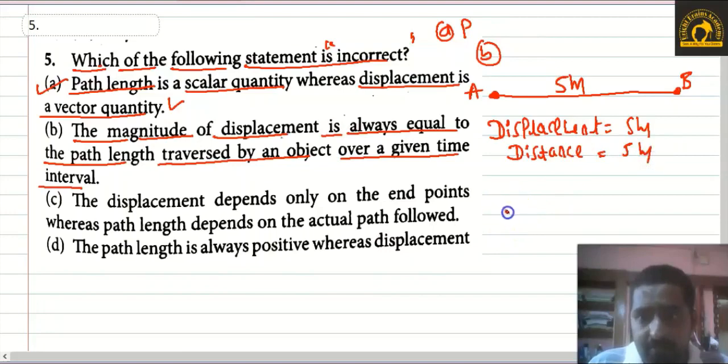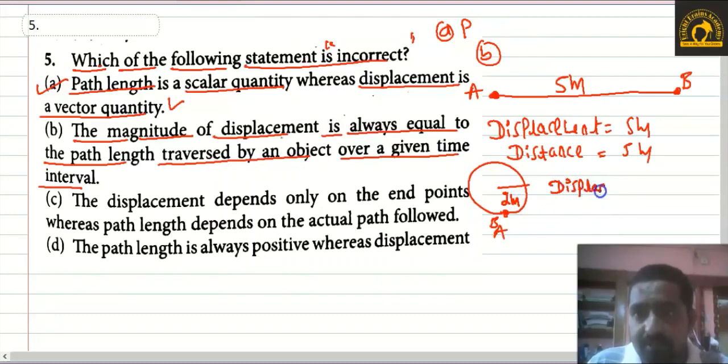If the same object is moving in a circular path, it ends at B, and A and B are the same. The circular path has a certain radius, say 2 meters. What about the displacement?